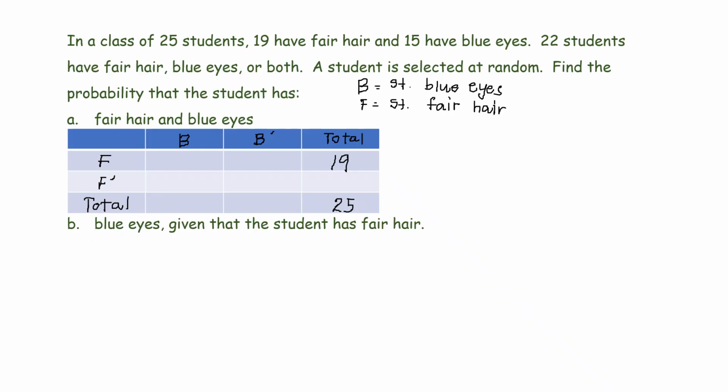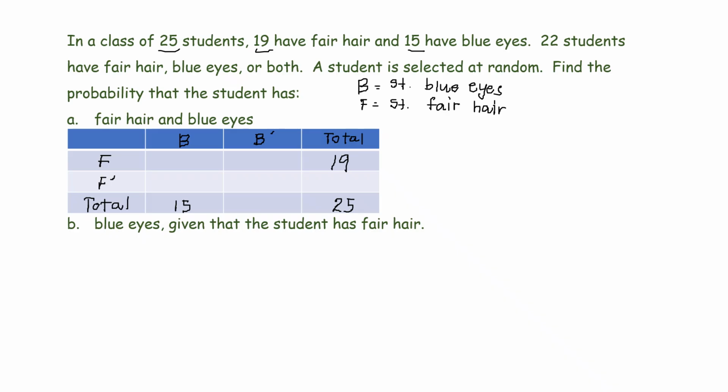And 15 have blue eyes, so let's use this space here for the total of those students with blue eyes. So we use this number, this number, and this number.